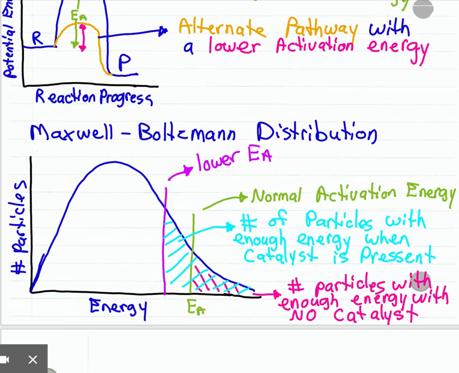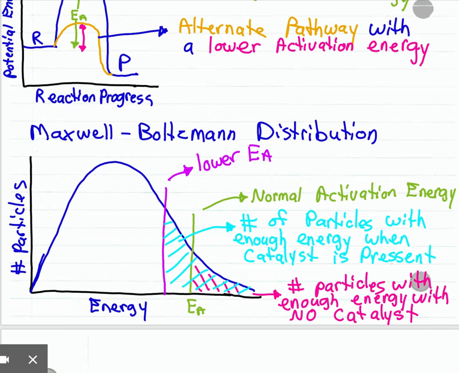So the Maxwell-Boltzmann distribution for when you add a catalyst. Now our original normal activation energy is shown in green. And the number of particles with enough energy with no catalyst is highlighted in pink.